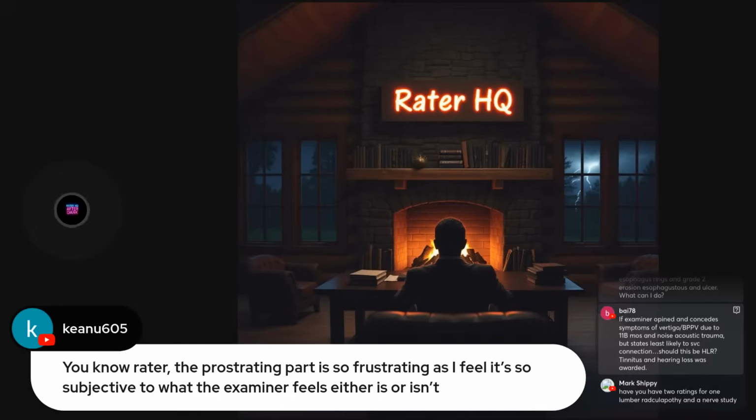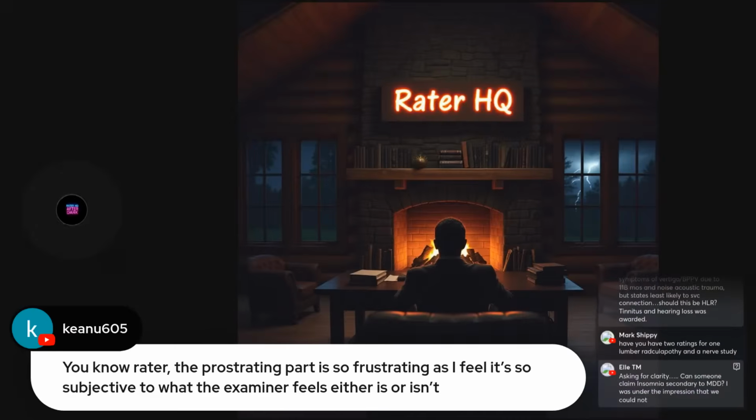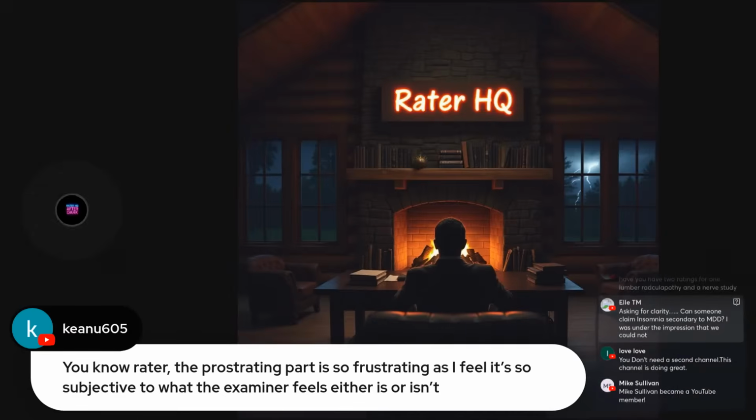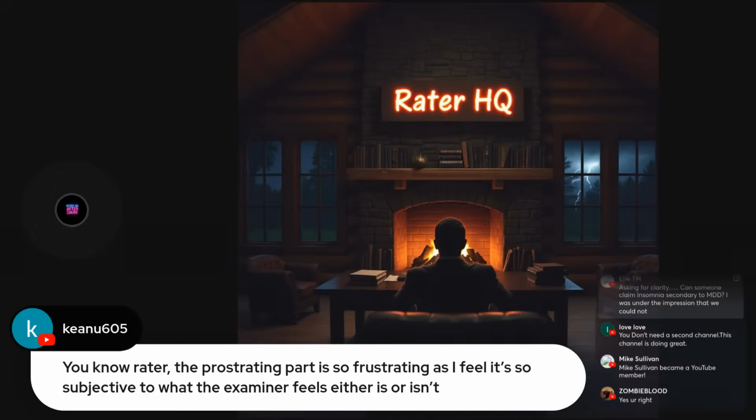So it's just based upon how well you articulate during the examination, which for some veterans is hard, like veterans with severe mental illness, I'm going to say 70 to 100%. Oftentimes, depending on the nature of their disability, they don't communicate well. So it puts them at a drastic disadvantage whenever they have to provide subjective evidence. They have to convince the examiner of a subjective thing, like, yes, when I'm at home, this is what my migraines look like. Well, if you get somebody that's confused or has memory issues, they might not remember the full scope of it.